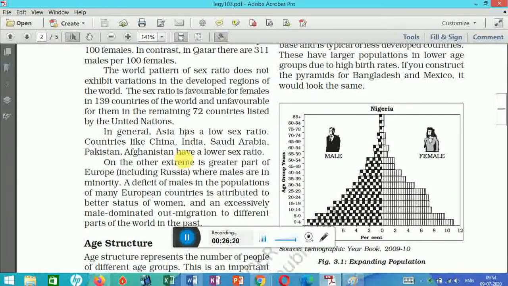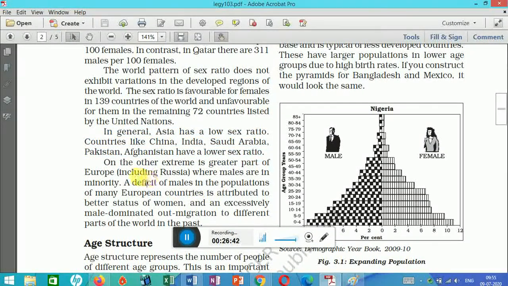What about Asia? In general, Asia has a low sex ratio, meaning unfavorable. Countries like China, India, Saudi Arabia, Pakistan, Afghanistan have a lower, unfavorable sex ratio.